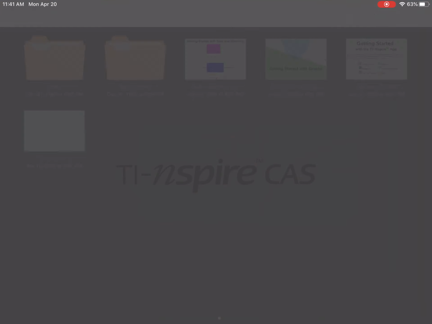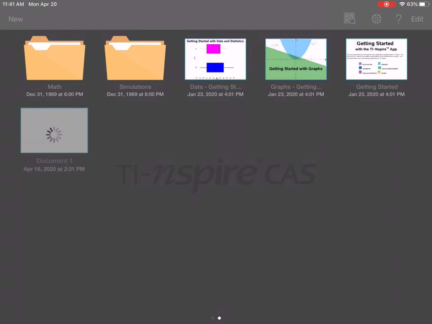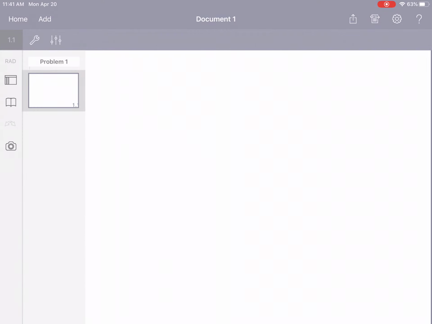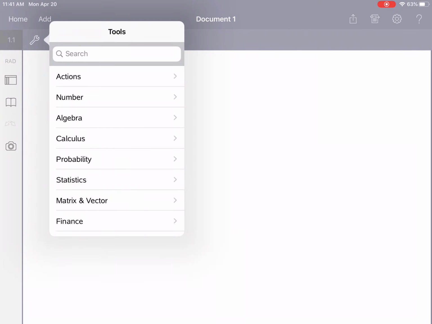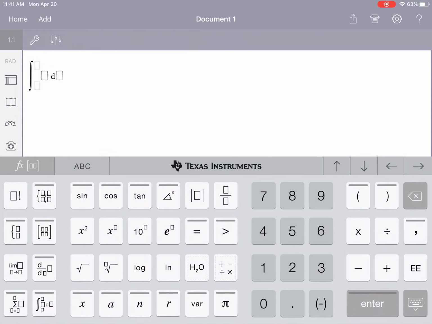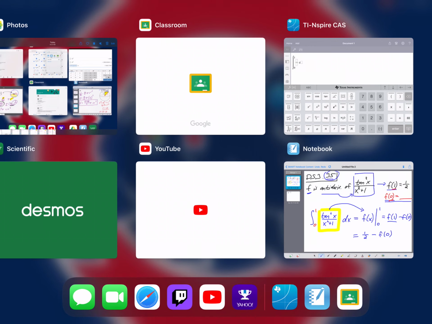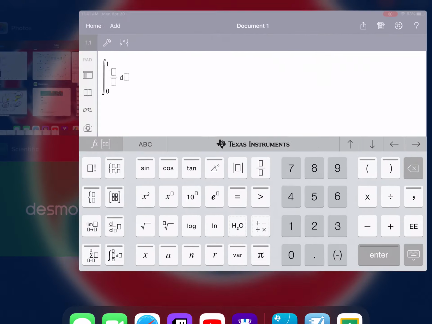So let's go back to our CAS right here, and let's go ahead and try to evaluate that definite integral. So I'm going to go to Tools here, Calculus. This is menu 43 for you guys, and we are doing an integral that goes from 0 to 1, and our integrand was that fraction that they gave us a second ago. So that was, let me make sure I got this right, tangent squared of x on top and an x squared plus 1 on bottom.